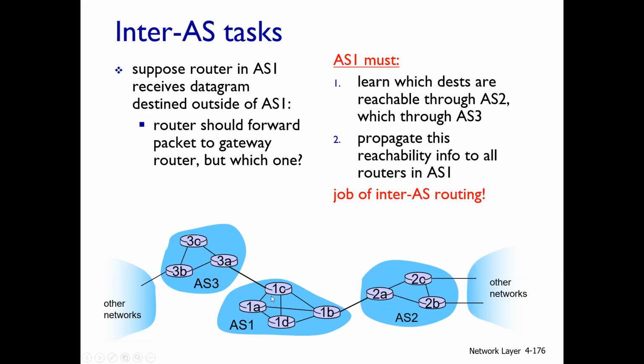If it's reachable through AS3, then you'll have to forward it through your border gateway router 1C towards the router 3A over the interface that connects them, and you have to get the packet there, and that is what you would want to do. So then propagate this reachability information.